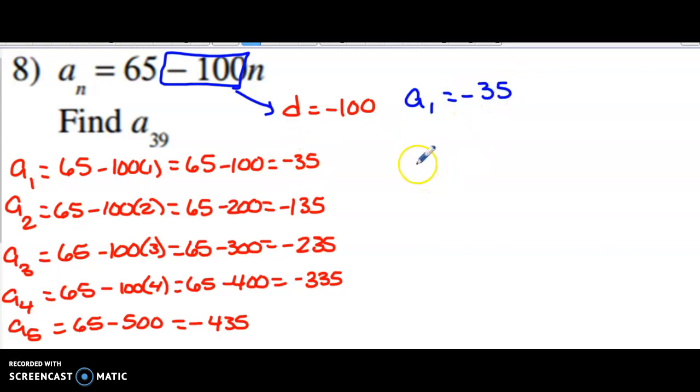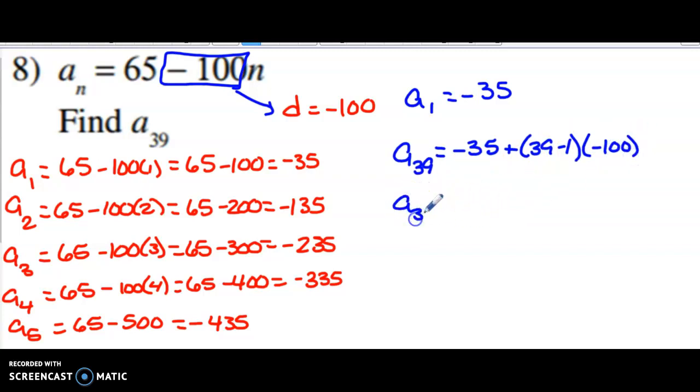So if we plug it into our formula, a sub 39 is equal to a sub 1 plus 39 minus 1, that's my n minus 1, times my common difference, so times negative 100. We end up here with a negative 35 plus 38 times a negative 100.